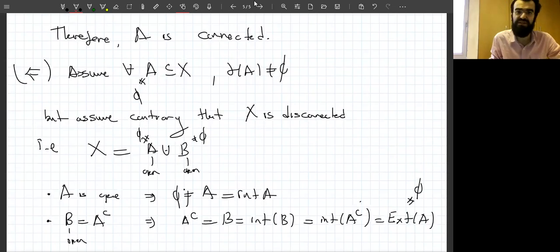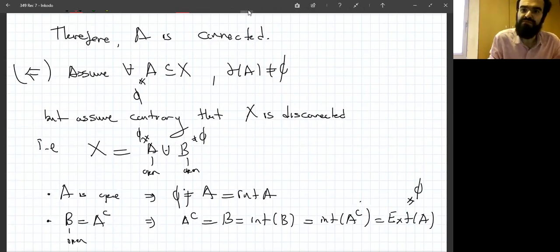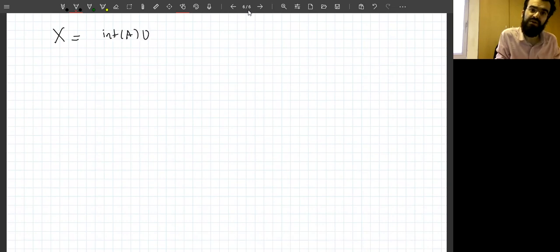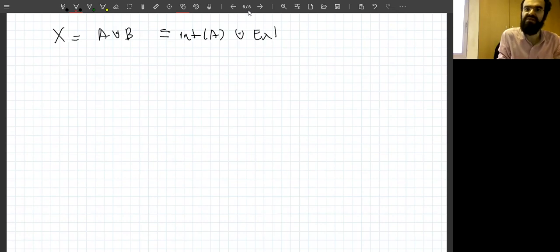As B is non-empty, we get X is interior A union exterior A. So let me write one more step: A union B, disjoint union, but this is interior A and this is exterior A.